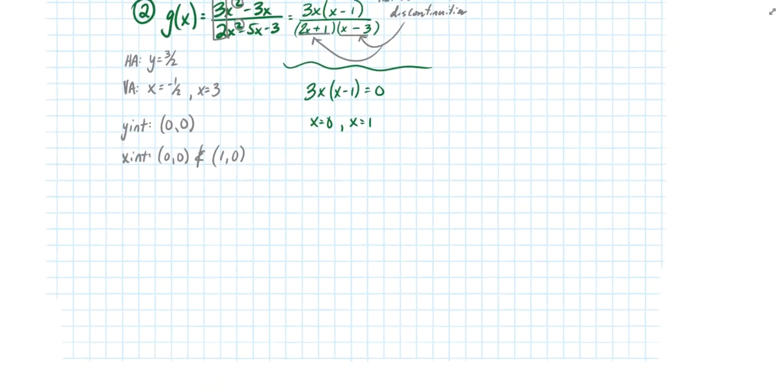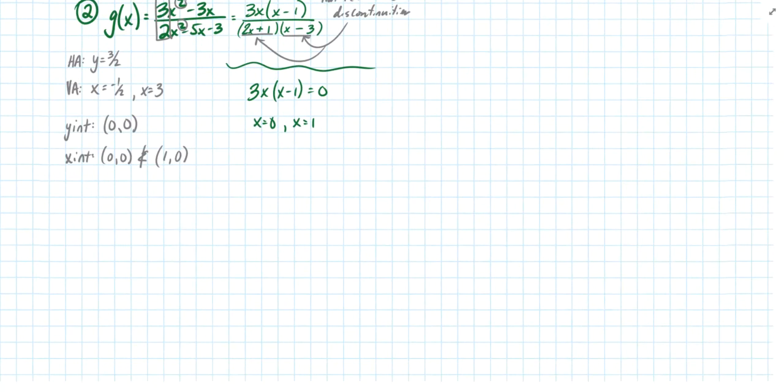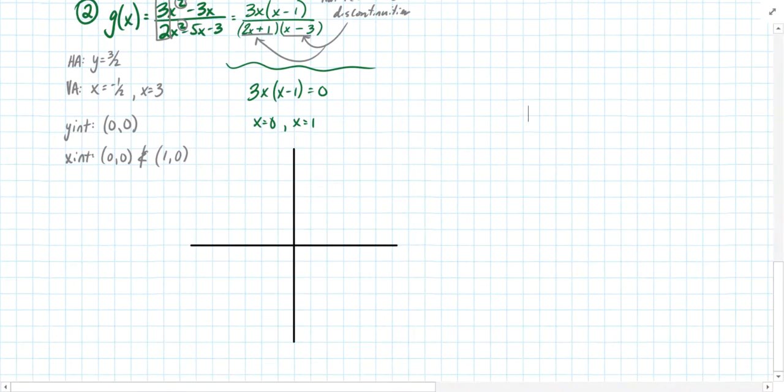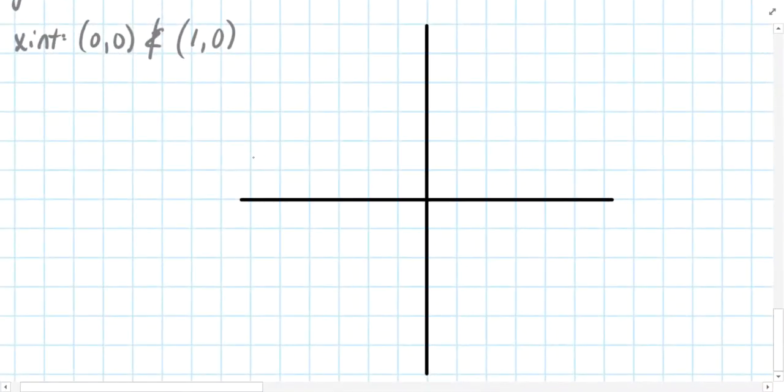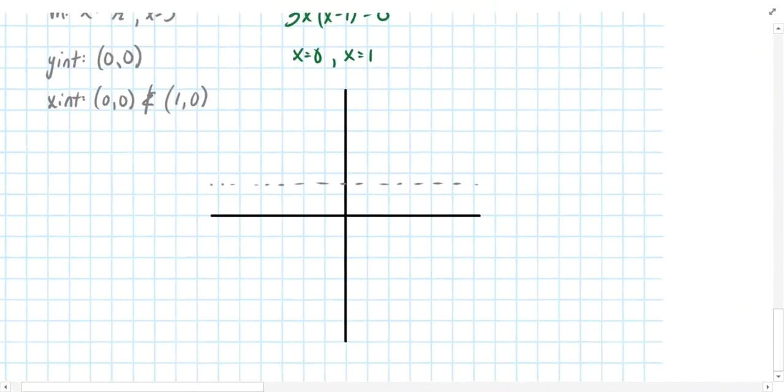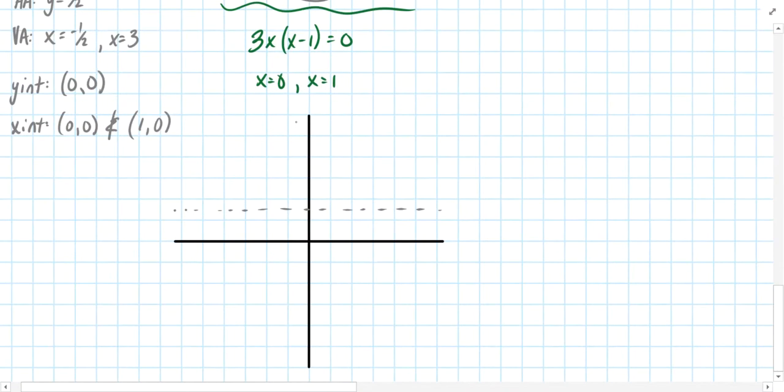Let's see if we can sketch an accurate graph based on the data so far. We have a horizontal asymptote at 3/2, that's 1.5. We have vertical asymptotes at x equals -1/2, and we also have another vertical asymptote at x equals 3.